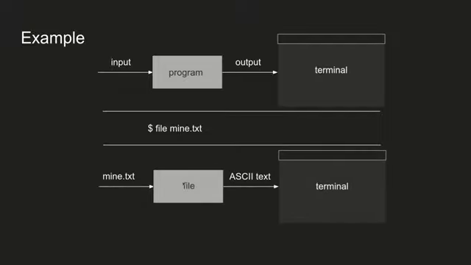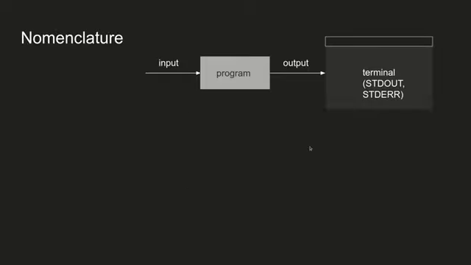Mine.txt is the input to file, and its output is ASCII text, which is the file type of the file. And this is printed to the terminal window. Now, sometimes we'll call the terminal standard out or standard error.